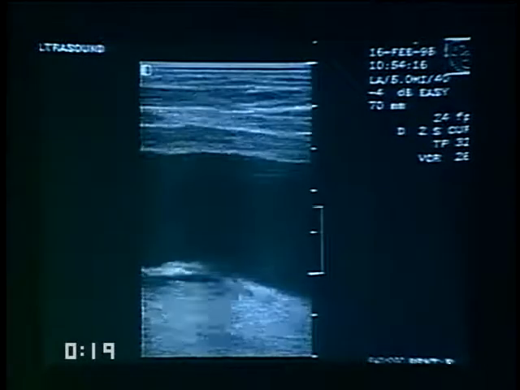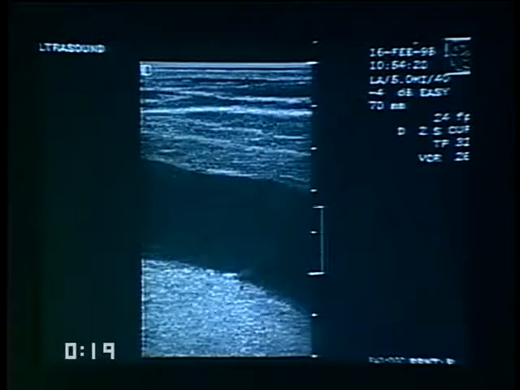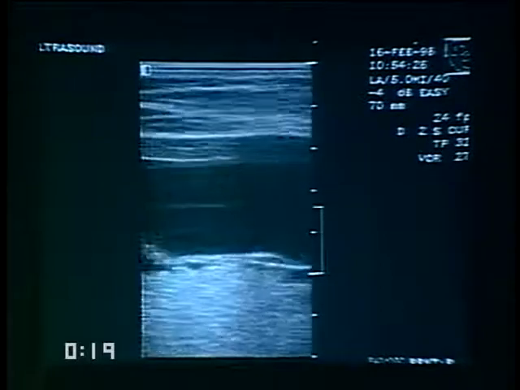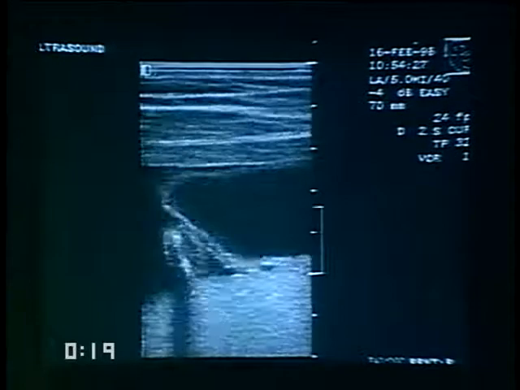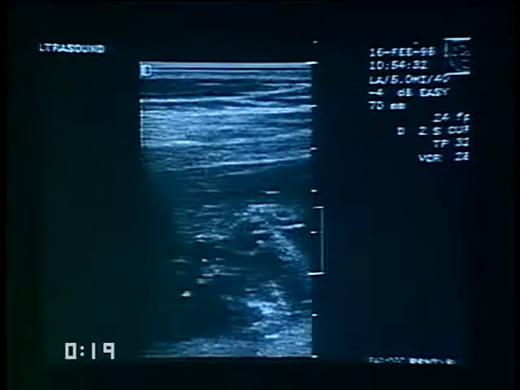Here's a linear array transducer trying to show fine detail within that cystic mass, and you can see the edge of the membrane here. Here we're tracing it back to the head.